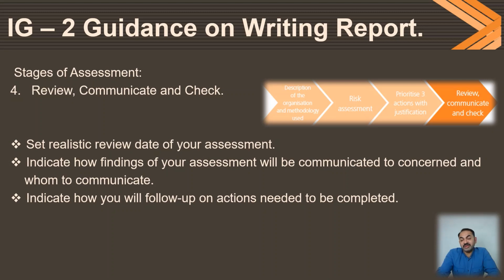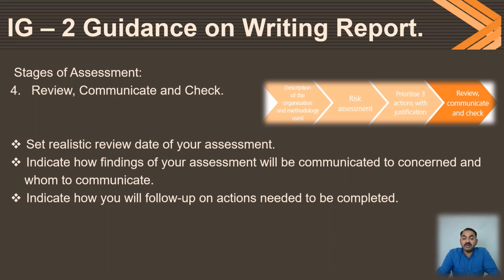You might call an immediate meeting with all the stakeholders and highlight the areas of concern, or you might send emails to your management with a copy of this report to give them an idea. At worker level, you might talk about these things in daily safety meetings or toolbox talks to highlight areas of concern in your report. It's your own methodology how you communicate the findings of this risk assessment report.